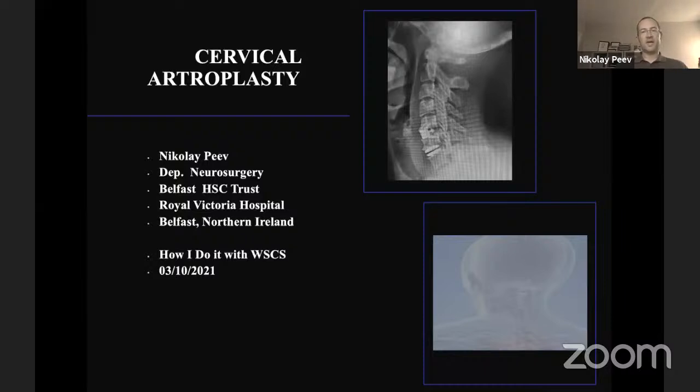You can see on my screen I have done actually a hybrid solution. Lately, I do quite a lot of this as well because the different discs would be in a different stage of degeneration, and then you can use at one level ACDF if the disc is very degenerated, and on the other level you can do disc arthroplasty.